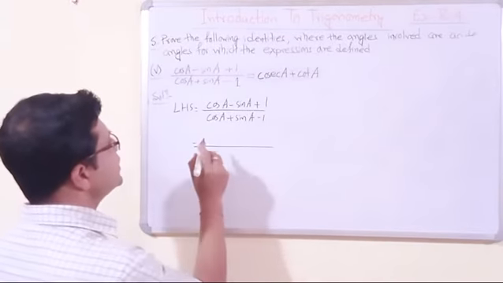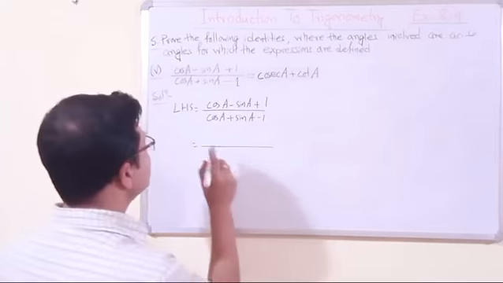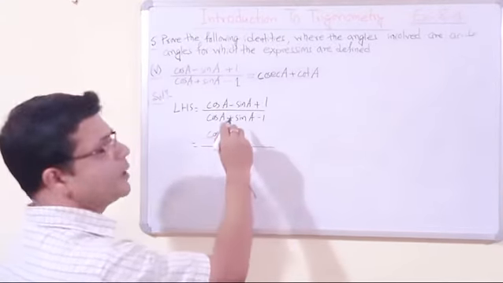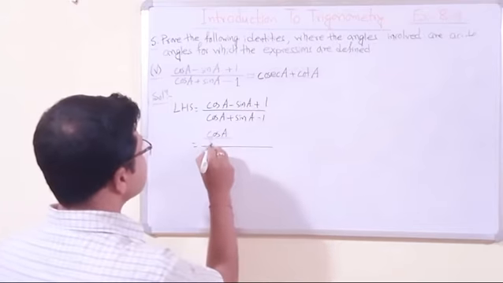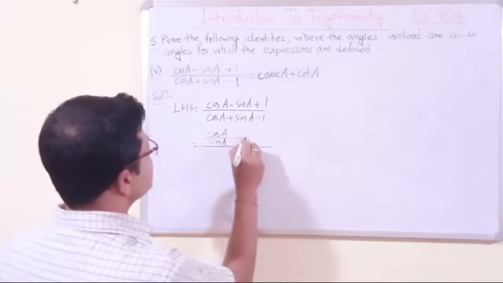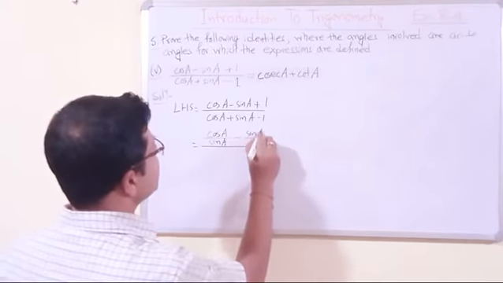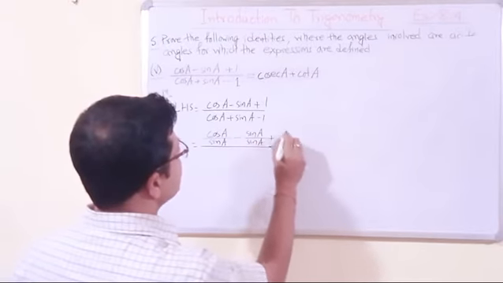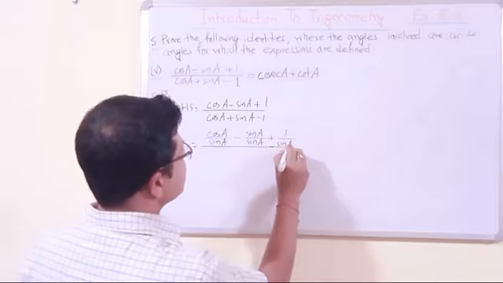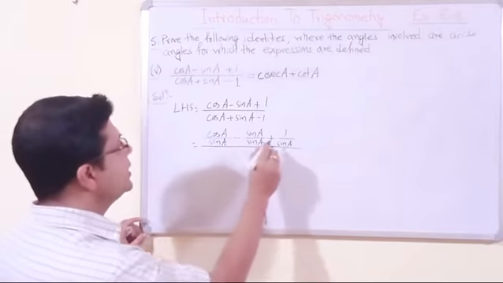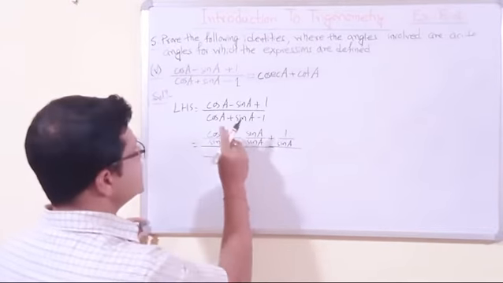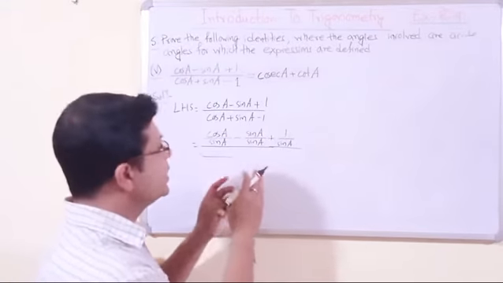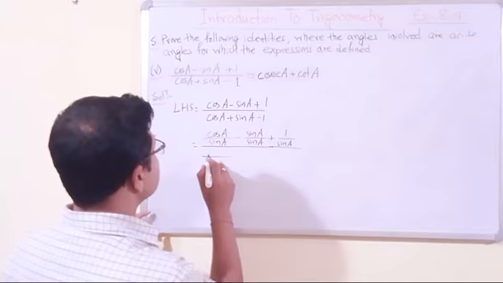So what we will do? Let us take the help of that idea only. This cos a, each term let us divide by sin a. Cos a by sin a, minus sin a by sin a, plus 1 by sin a. In the numerator we are dividing each term by sin a, so similarly we have to divide each term in the denominator by sin a.